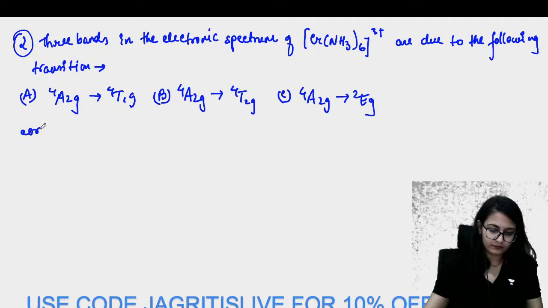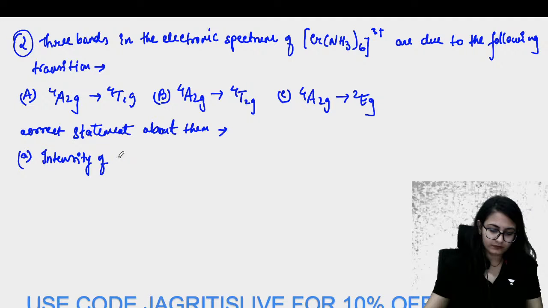What is the correct statement about them? Yes, Vishnu, all these 3 transitions are there. A is intensity of A transition is lowest. B, intensity of C is the lowest.